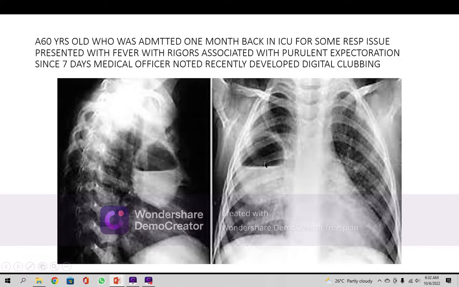The fourth differential, with least chances, but there is a possibility, is what we call a cavitating bronchogenic carcinoma. It can present like this in 4% of all malignant bronchogenic tumors.